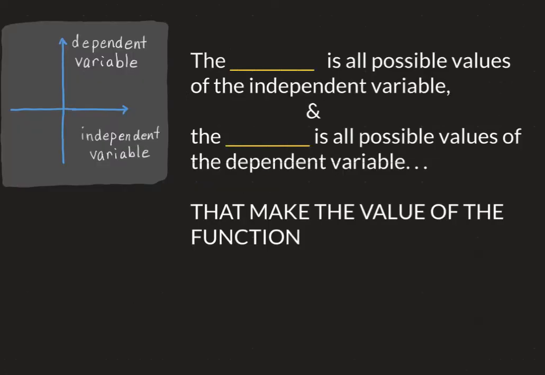We are going to use a name for all possible values of the independent variable, usually x, that make the value of the function a real number. But what is a real number? Well, it's easier to say what is not a real number. Anything not a real number, an imaginary number, or a complex number, which we'll get to later, is anything that has a square root of a -1 in it.